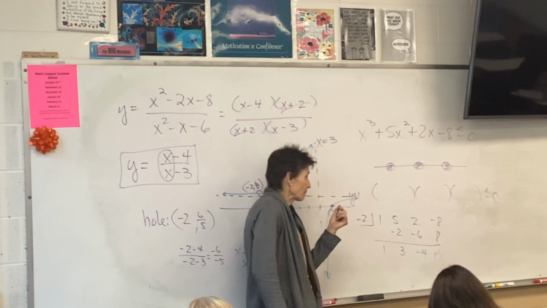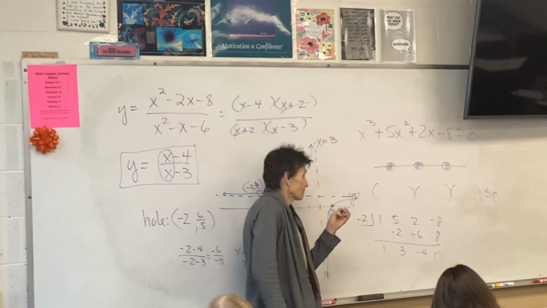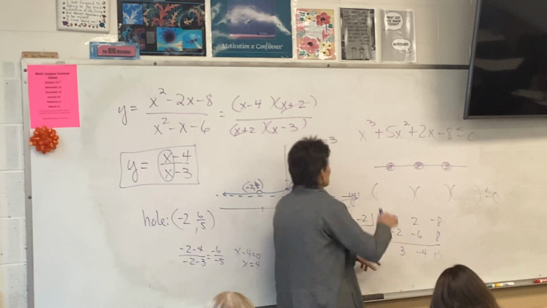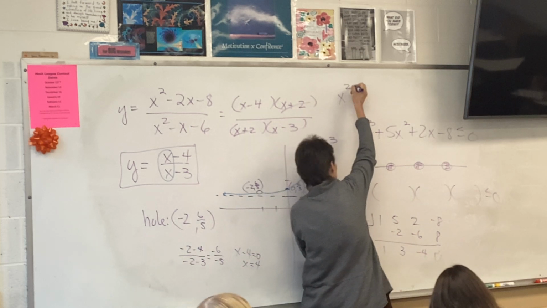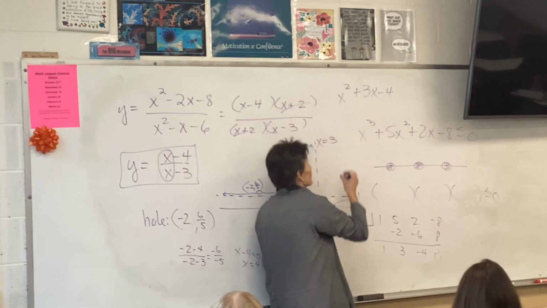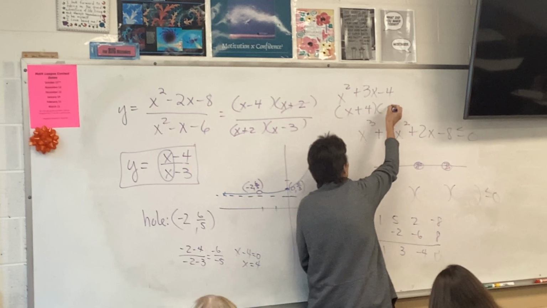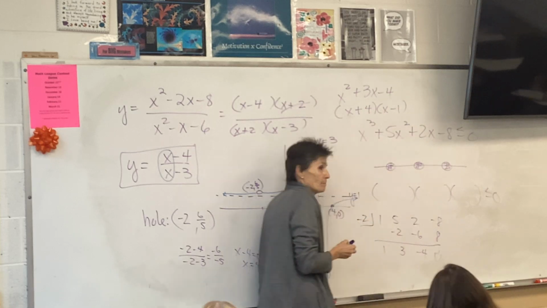Okay. All right, where do I go from here now? So this is x squared plus 3x minus 4, which is x plus 4, x minus 1.